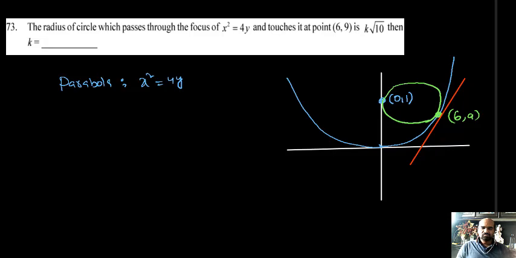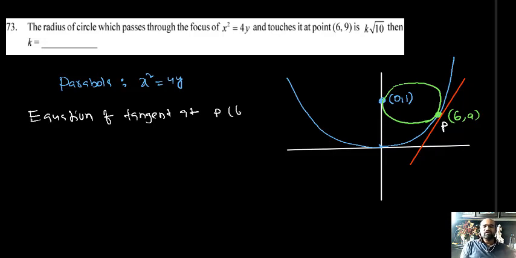Here I will find the equation of the tangent for the parabola, which becomes the tangent for the circle. Equation of tangent at, we will take this point as P, P (6, 9), is S1 equal to 0.